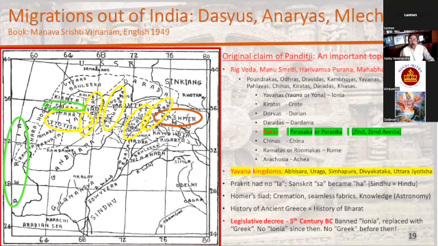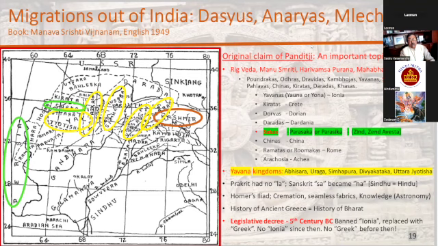Did they migrate in search of something, or were they expelled out of the country? What was the logical reason for them to go out and establish themselves at another place, when we already have so much place and culture here?